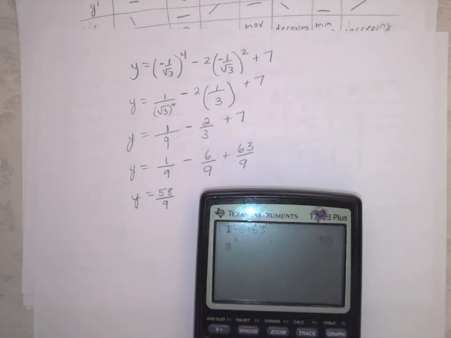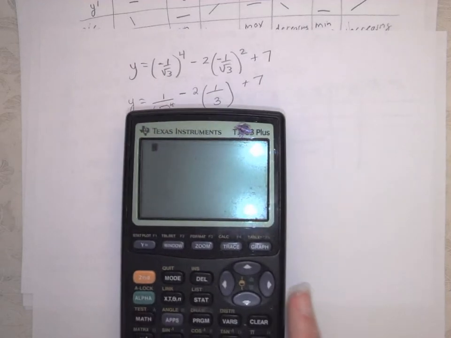And if you want to double check on your calculator, you can have -1 over the square root of 3 to the power of 4. Oops, I didn't type that in right.